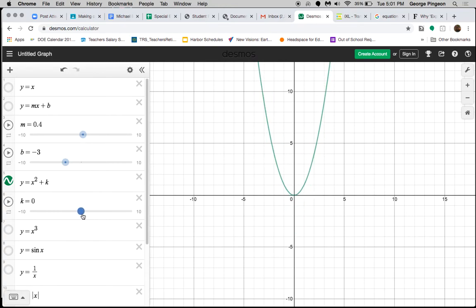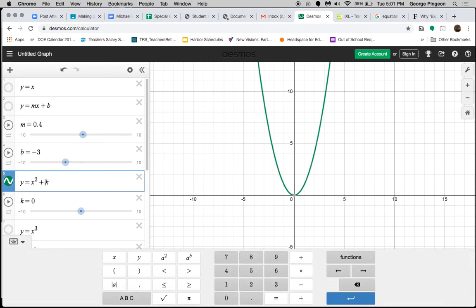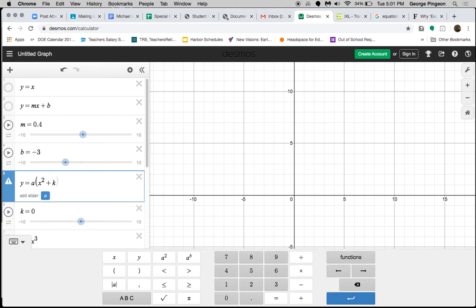But it's a little more complicated than that. The parent function, or the equation for a quadratic function, is a times x minus h in parentheses squared plus k.